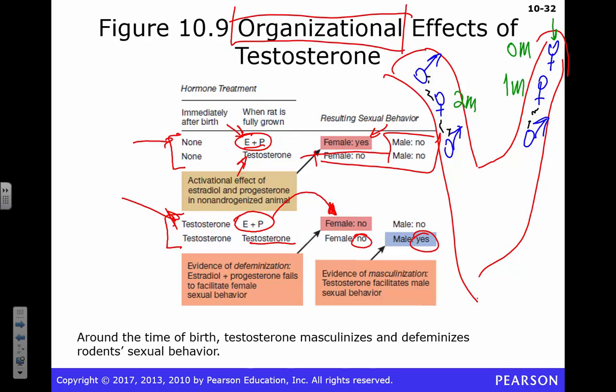What's interesting, when you plot this out, going from your 0M to your 1M to your 2M, is that the 0M are the least aggressive, and the 2M females are the most aggressive. You also see an increase in the likelihood that these 2M females will try to participate in male sexual behavior with other females, which is kind of interesting.